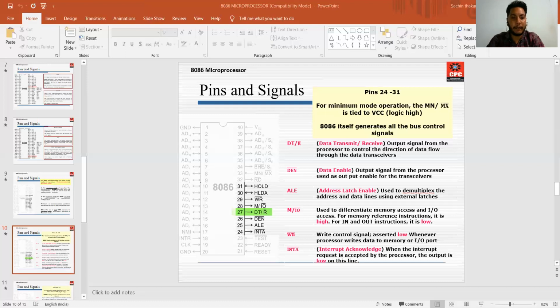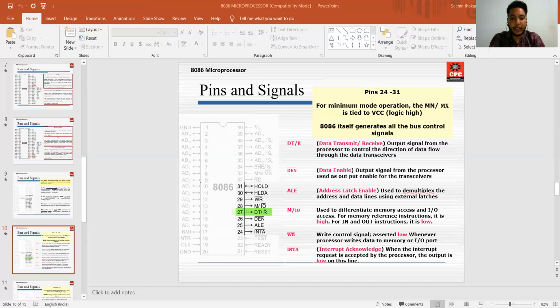If DT/R is equal to 1, at logic 1, it indicates transmitting of data. If DT/R is equal to 0, at logic 0, it indicates receiving of data.